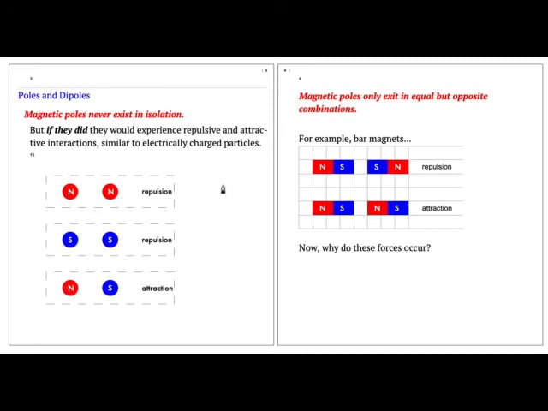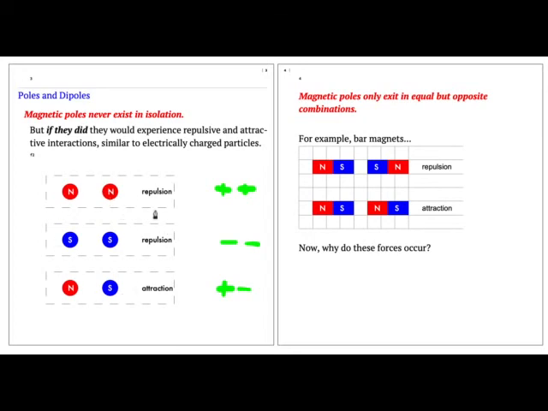So it reminds you of 2 charges, positive positive, or negative negative, electric charges. Like charges repel, or a positive and a negative. Unlike charges attract.